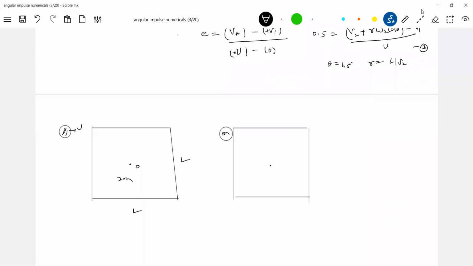When it gets stuck to it, the center of mass should be somewhere here. Do you agree? The center of mass must be nearer to the heavier mass. So there's a center of mass. Everything you have to show about this point. About the center of mass, the system will rotate.